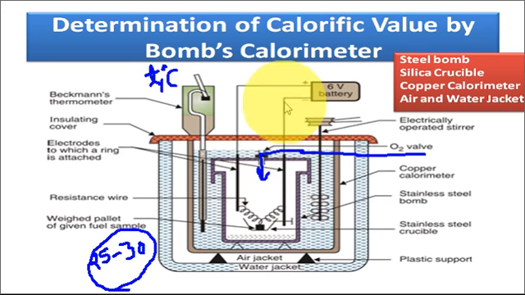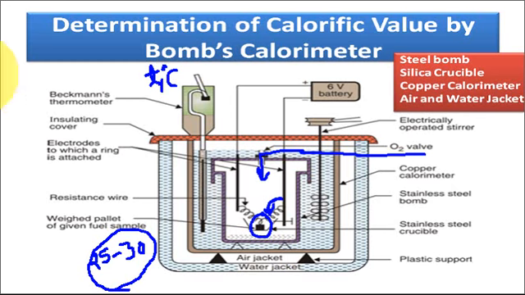When the electrodes are heated due to the electricity, the magnesium wire which is attached to these electrodes is also heated, and due to this heat energy, the magnesium fuse wire burns. The burning of the magnesium fuse wire liberates energy which gives the ignition temperature to this fuel. I hope you are all aware of the fact that to start the combustion of any kind of fuel, there is a requirement of some ignition temperature.